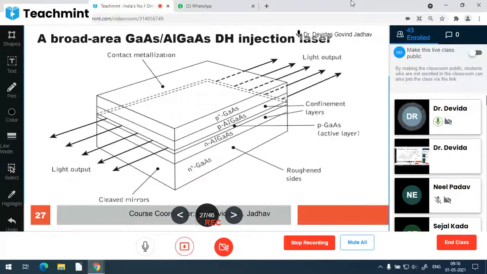One layer is made of gallium arsenide, another layer is made of AlGaAs, aluminum gallium arsenide, another layer is also made of aluminum gallium arsenide, and again one is made of GaAs. One GaAs and the other GaAs have different proportions of Ga and As, so their band gap energy is different. One AlGaAs and the other AlGaAs have different aluminum gallium arsenide proportions, so again their band gap energies are different.